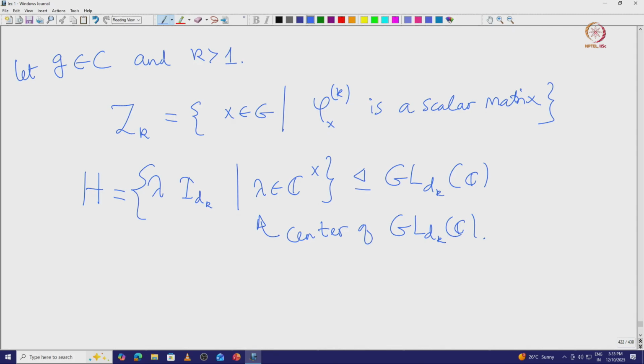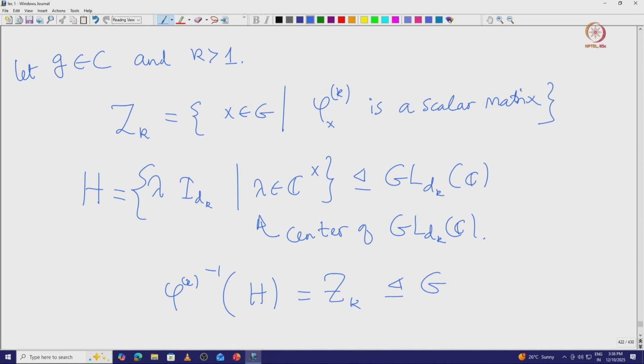Because this is the center, Z k is nothing but the inverse image of H under phi k. So, Z k is also a normal subgroup of G.